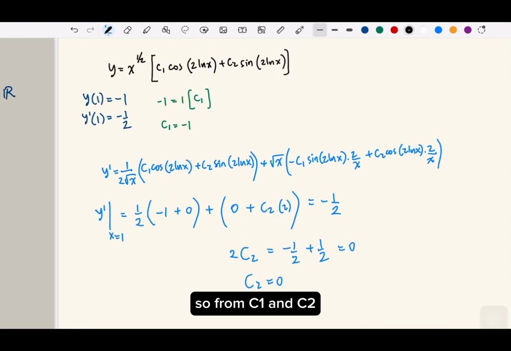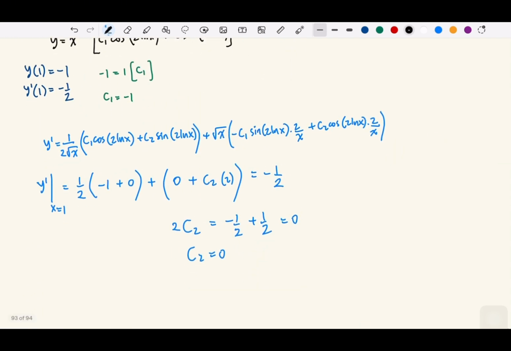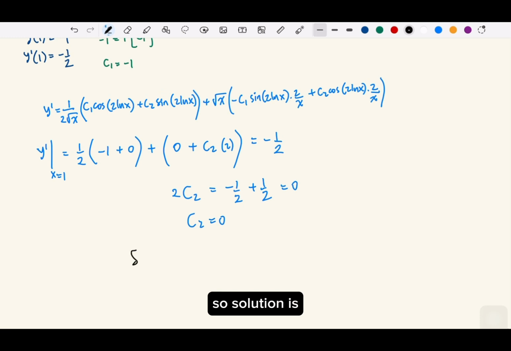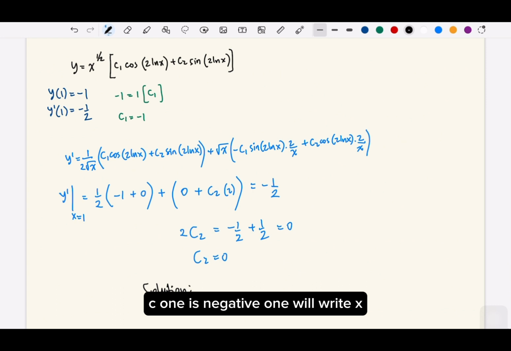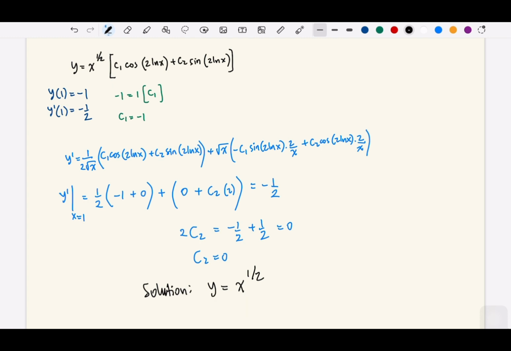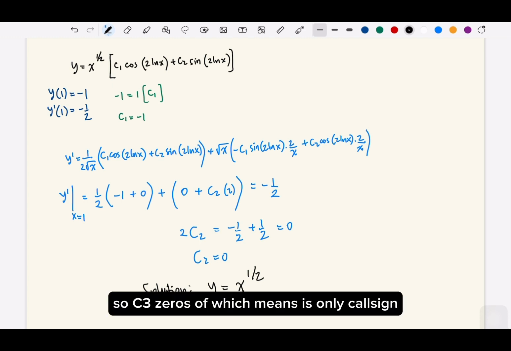So from C1 and C2, the solution is, C1 is -1, we write x to the power of 1/2. C2 is 0, which means there's only cosine.